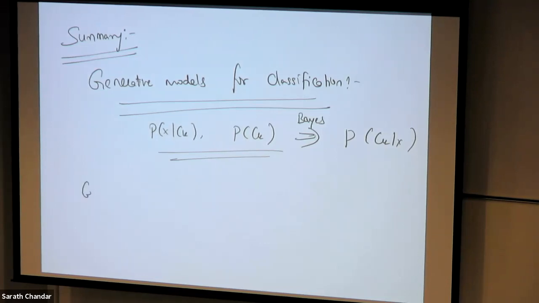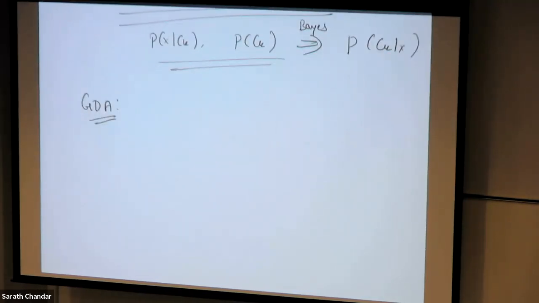First is GDA, where you had the class conditional distributions having the same covariance matrix, a shared covariance matrix assumption. Then you had QDA, where they don't share the covariance matrix.